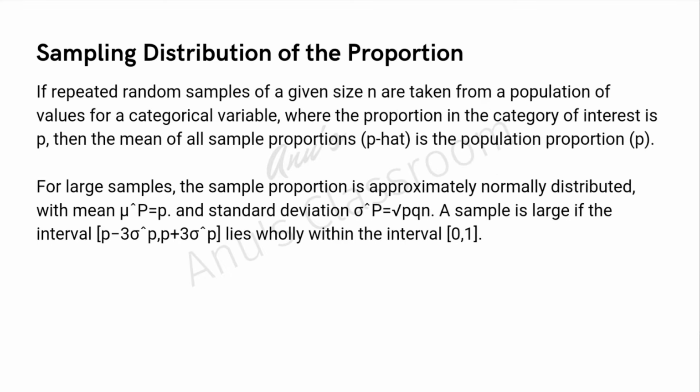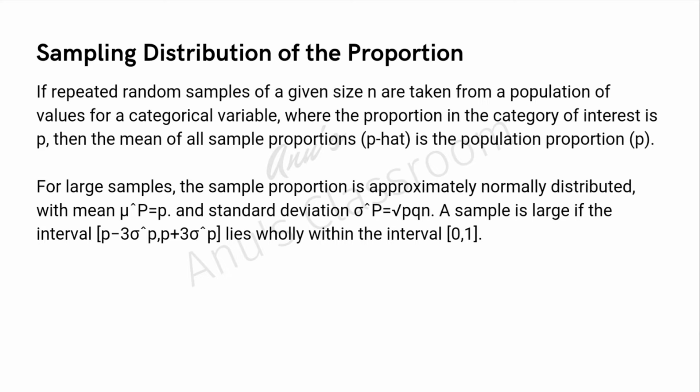Now, coming to the sampling distribution of proportion. If we take repeated random samples of a given size n from a population of values for any categorical variable, where the proportion in the category of interest is p, then the mean of all sample proportions is the population proportion p.